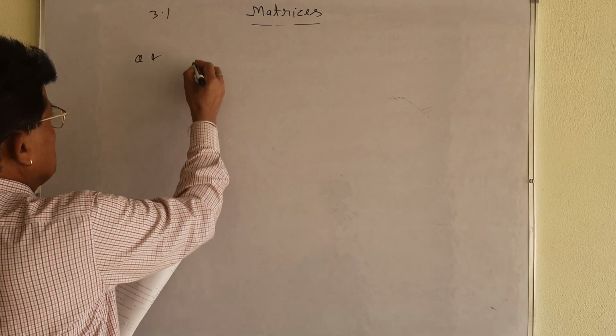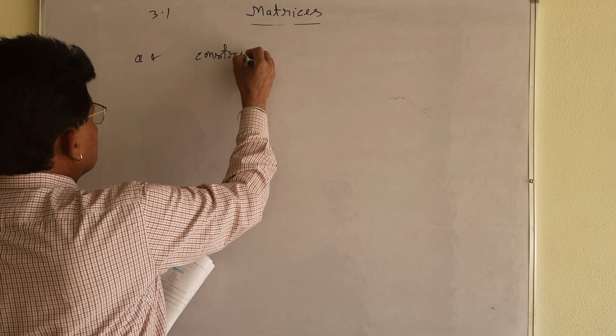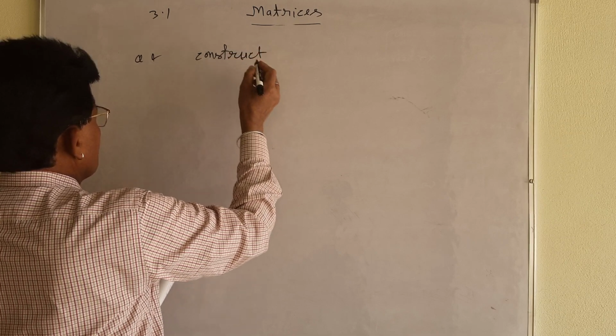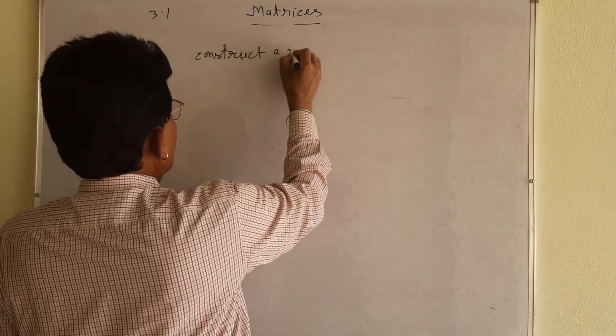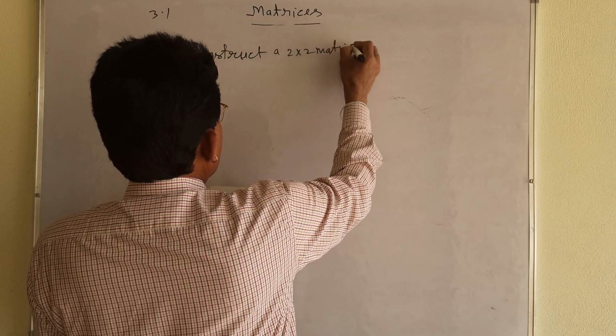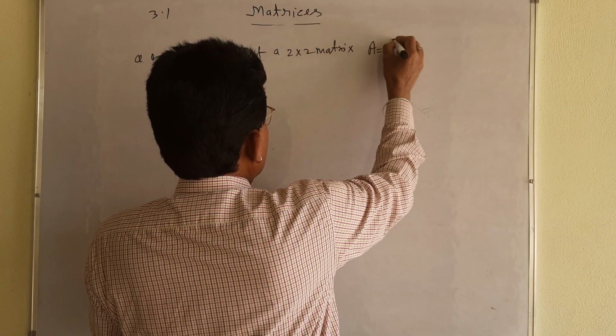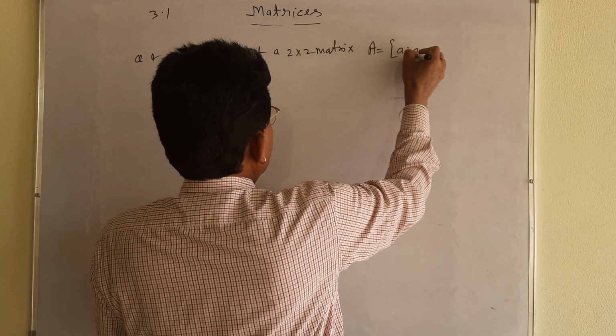Question number 4: construct a 2 by 2 matrix A denoted by Aij, the same thing I told you just before.